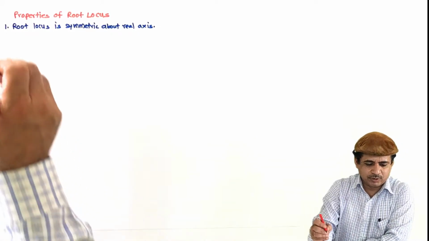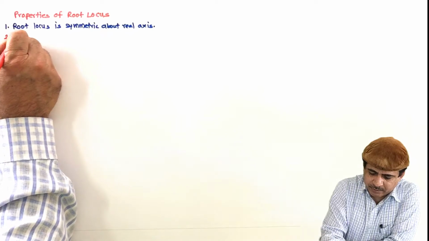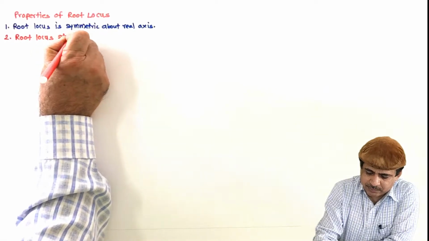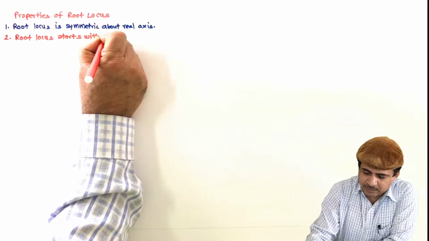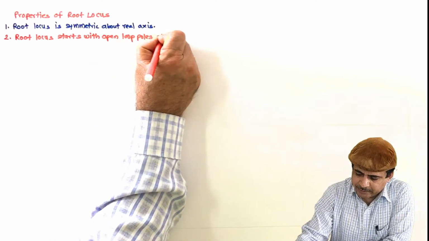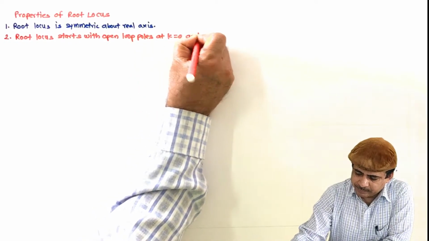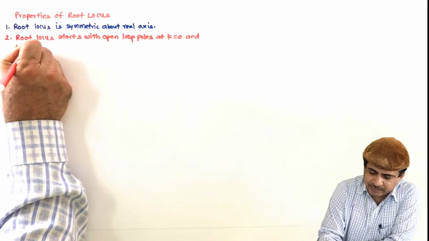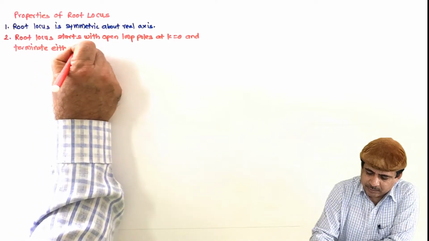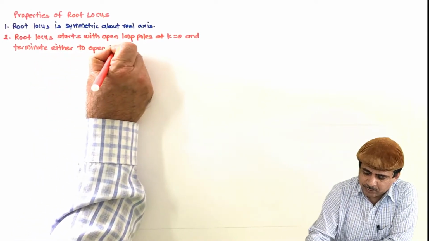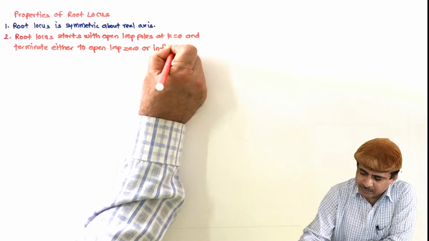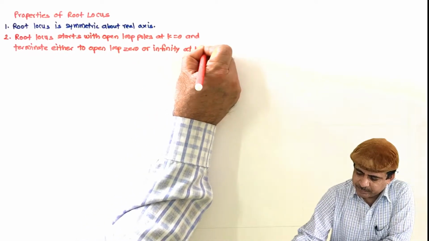Let us consider the property number 2. Root locus starts with open loop poles at k equal to 0 and terminates either to open loop zeros or infinity at k equal to infinity.